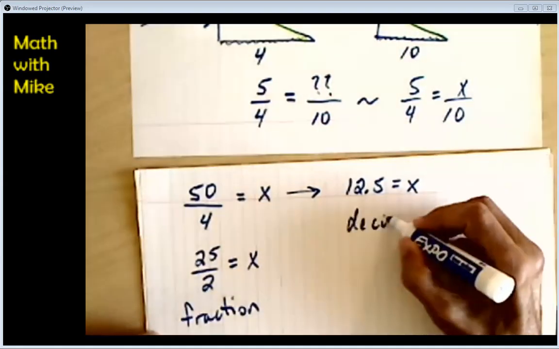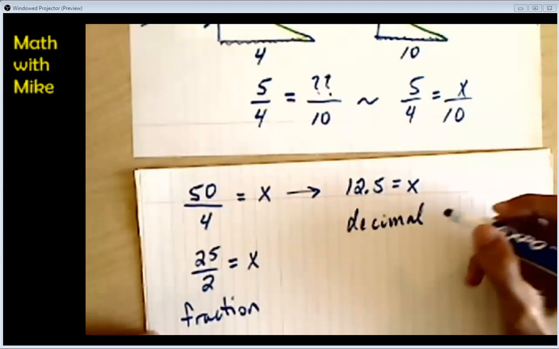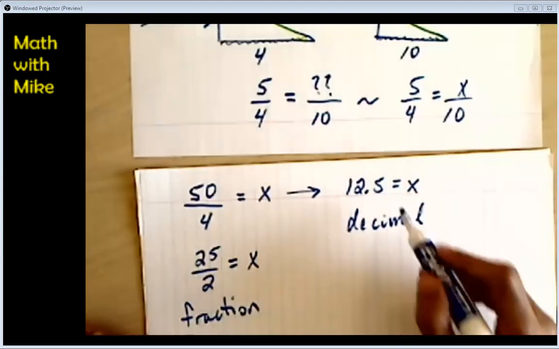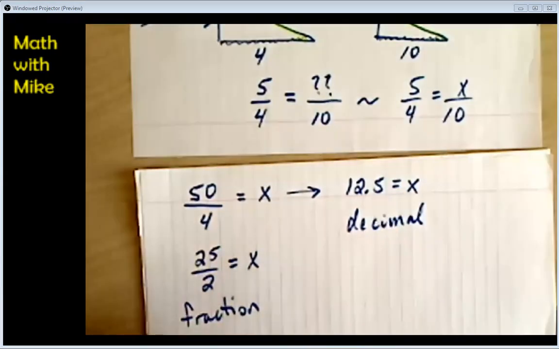Usually when you're talking meters and that sort of thing, you write it as a decimal, right? It just has more of a meaning because of our experience. You actually say it the other way around.